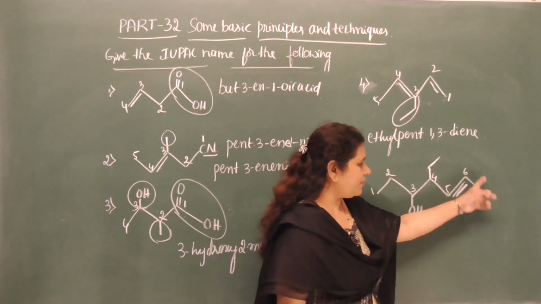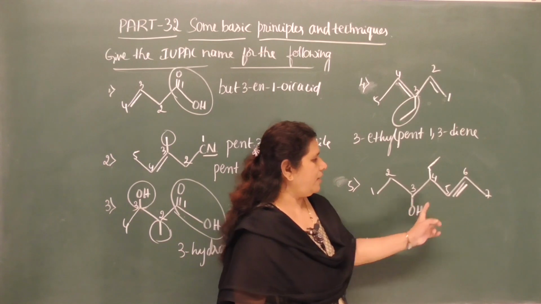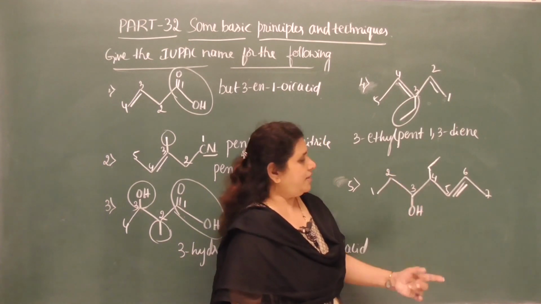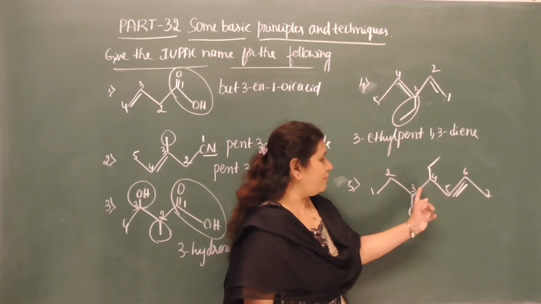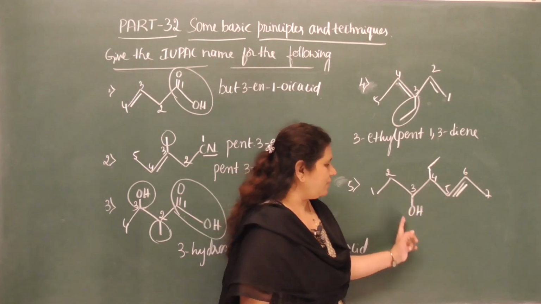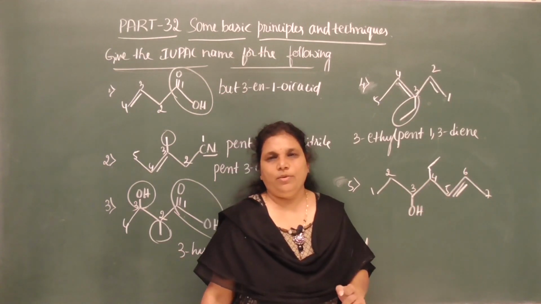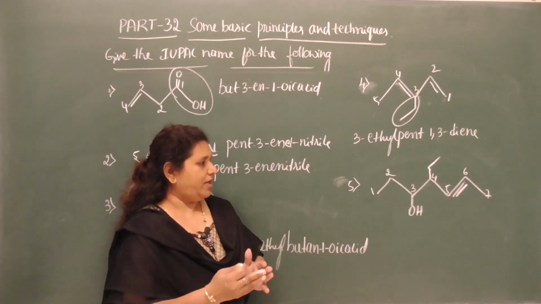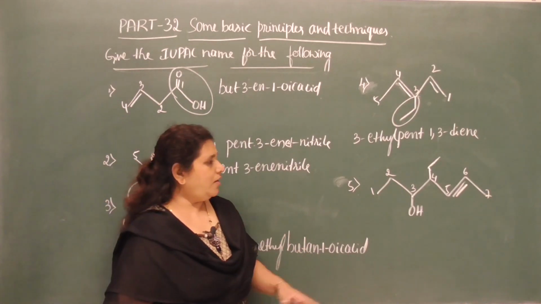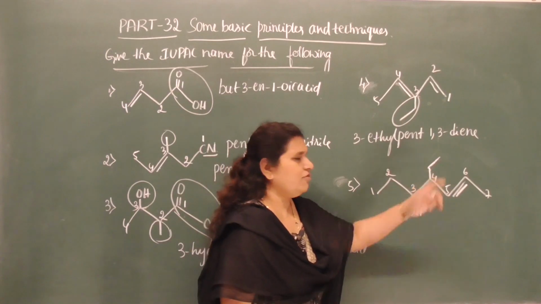Because if you give the number from the other end, the carbon carrying the functional group gets the highest number. Therefore, to give the preference to the OH group, we need to give the locants from left to right.